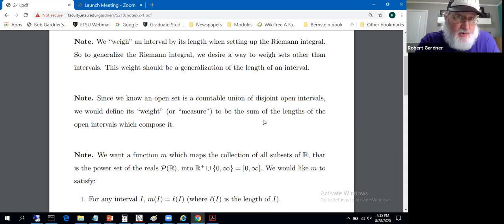I made a big deal out of knowing what an open set of real numbers looks like, and we're using it already here, and we're barely 2 or 3 paragraphs into the motivation of Lebesgue measure. So we're trying to generalize the idea of a length. Hey, open sets, they're made out of disjoint intervals. I can find the lengths of those intervals and we can add them up. I might have a little bit of concern about divergence, more of that here right now.